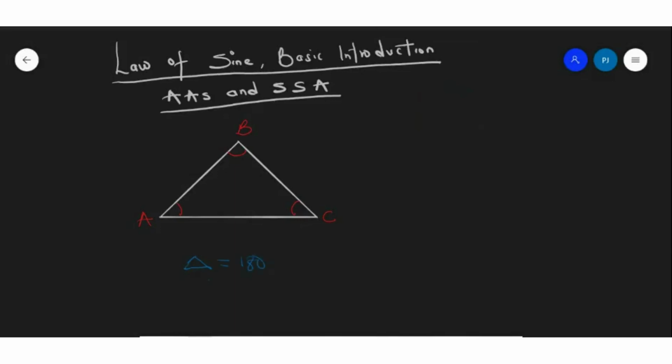I'm going to write it here clearly: the sum of angles in a triangle should be equal to 180 degrees. This should be basic from your grade 5 or grade 6 already, so we should already understand this concept whenever we talk about this.